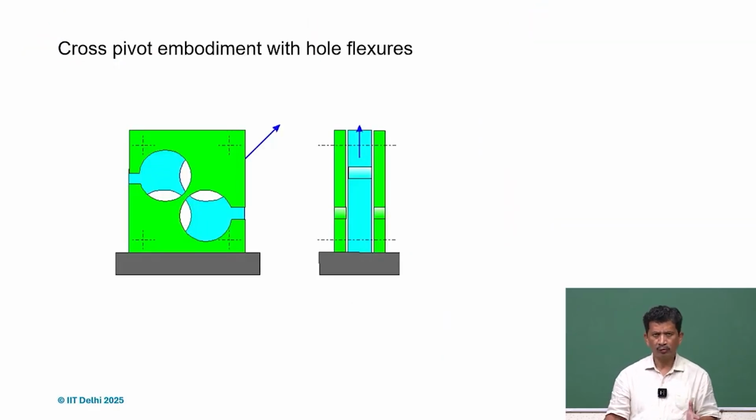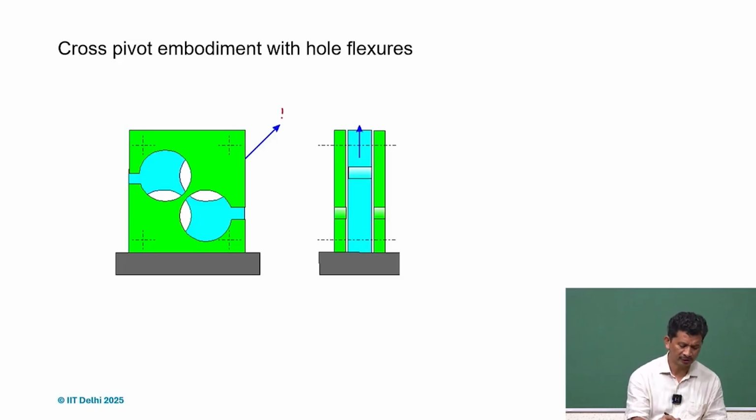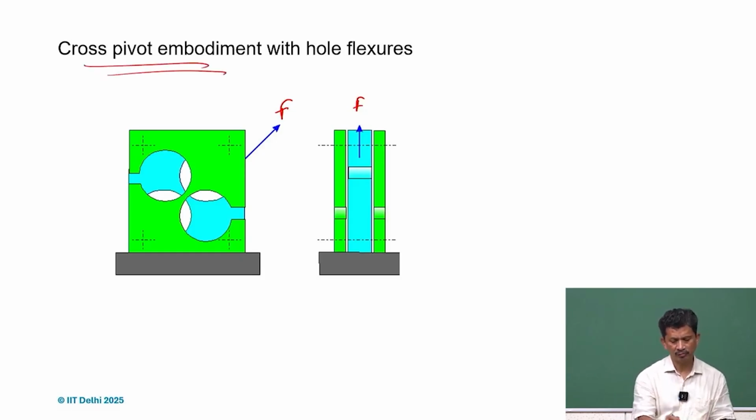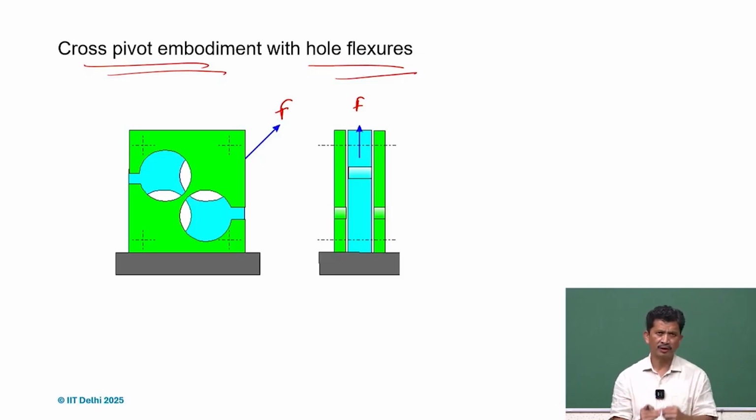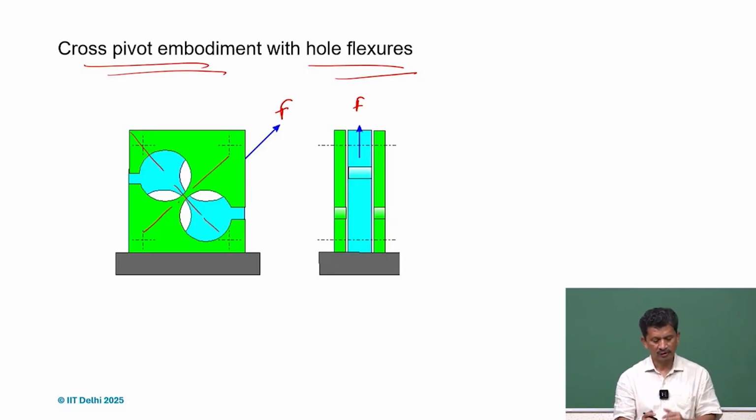What we also know is that if we are not very sure about that, then we can always have an orthogonal arrangement, and that's what we have done here. So if there is a force here, we can do a cross pivot structure with the hole flexure. In this case, we may not have to worry about that shear. So this is one and this is another one. Orthogonal direction, and so it's again a sandwich model.